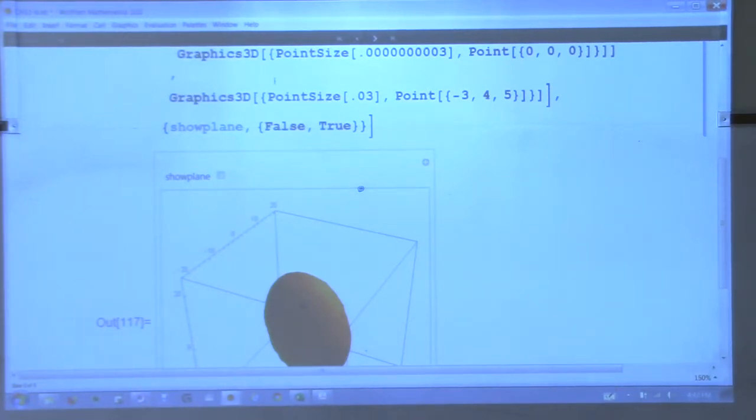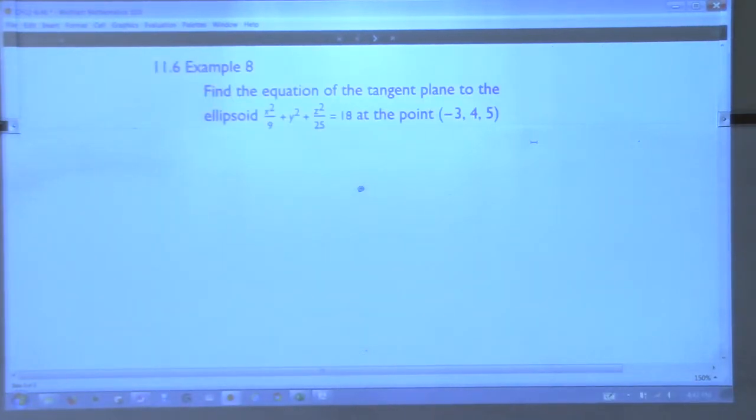Go back to the problem. You got it? Yeah, equals 0, and then you distribute everything through. Okay, what's your last name? Caldera. Okay. Yep.